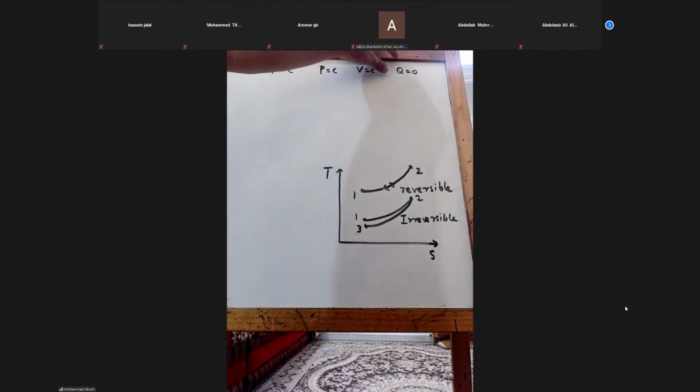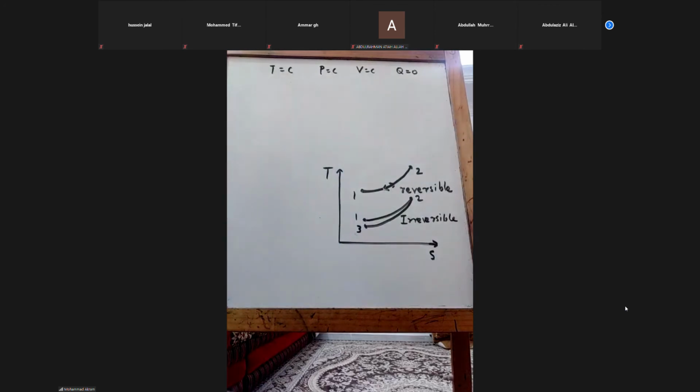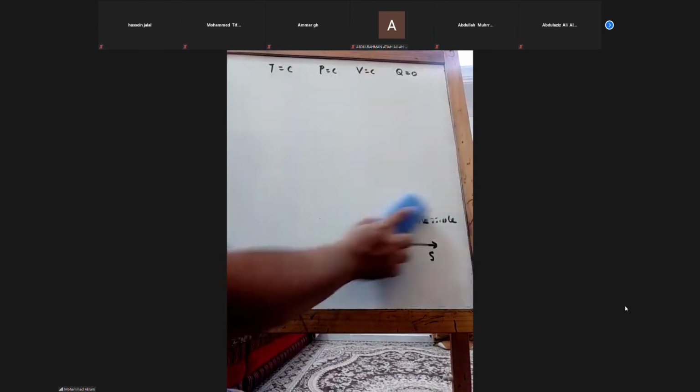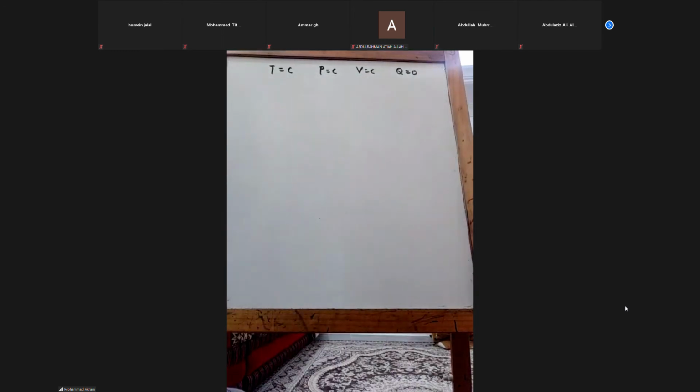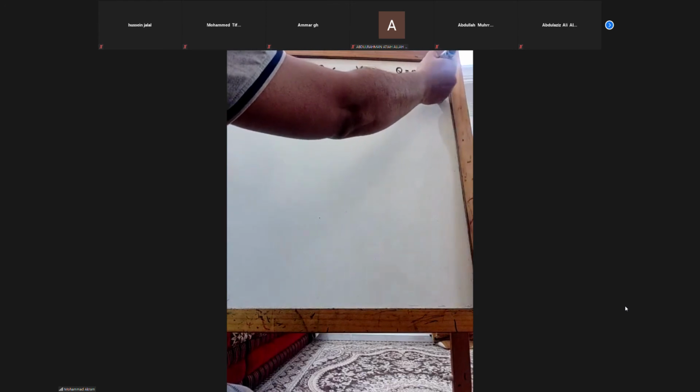If heat transfer is 0 and the process is reversible as well, we call it an isentropic process, constant entropy. What is the meaning? You can write change in S is equal to 0 as well.